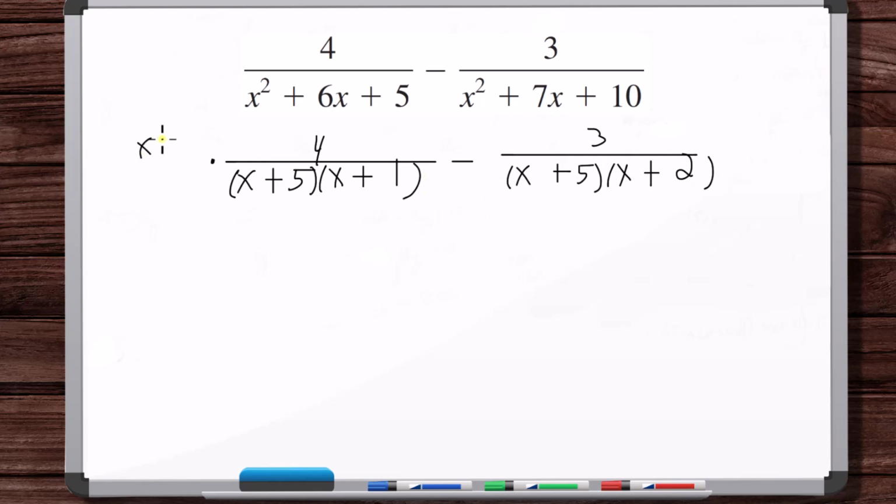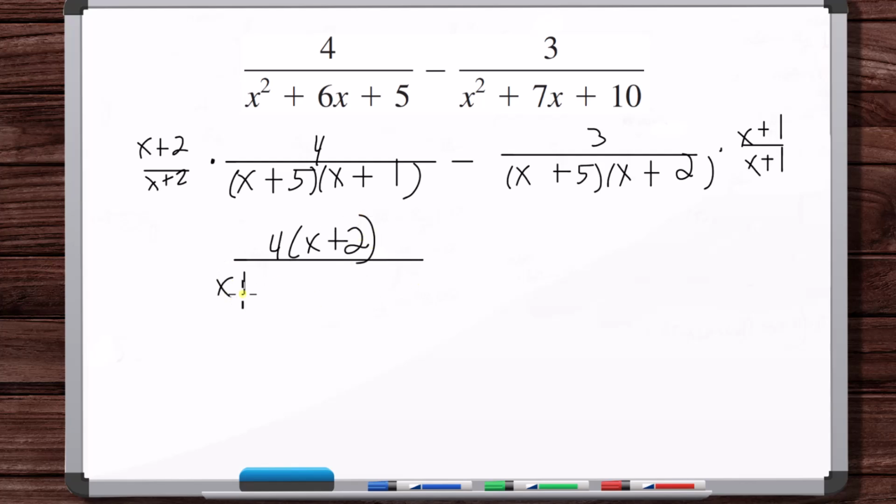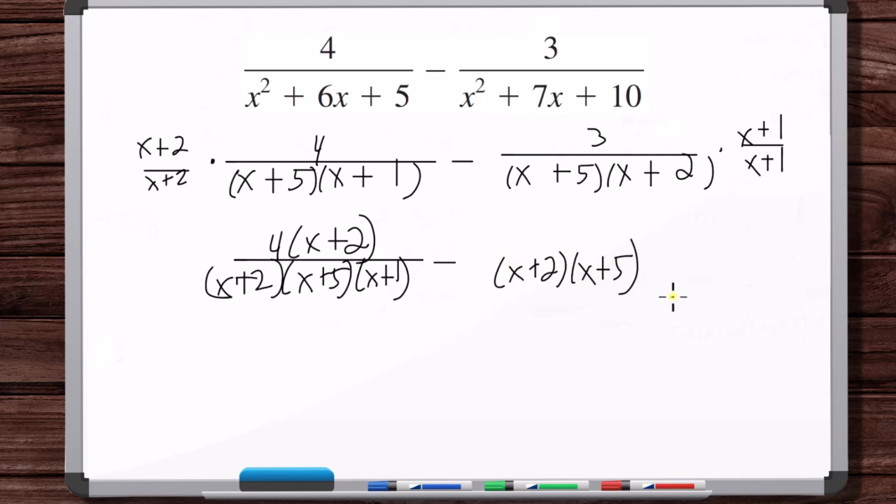So here we need an x plus 2 over x plus 2. And here we need to multiply by an x plus 1 over x plus 1. And so what we'll get is 4 times (x plus 2) over (x plus 2) times (x plus 5) times (x plus 1). And then here we'll have (x plus 2), (x plus 5), (x plus 1), and then 3 times (x plus 1).